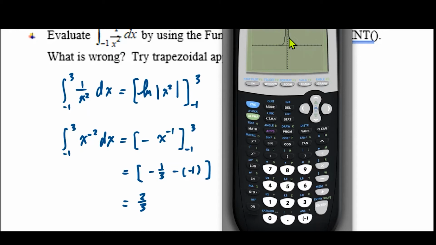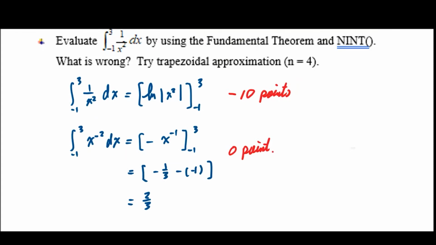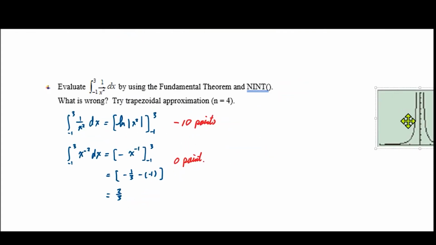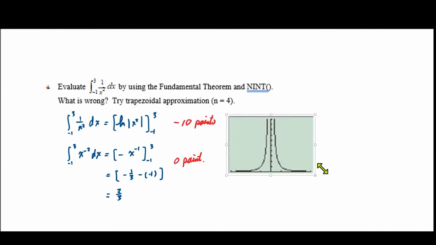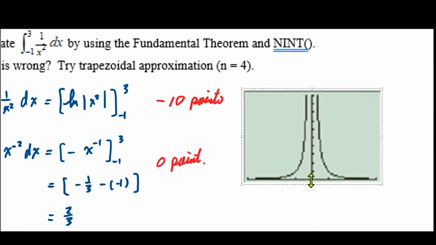There's a vertical asymptote. How are you gonna draw your trapezoid? This side is infinitely high. You know what I'm saying? This area is infinity.